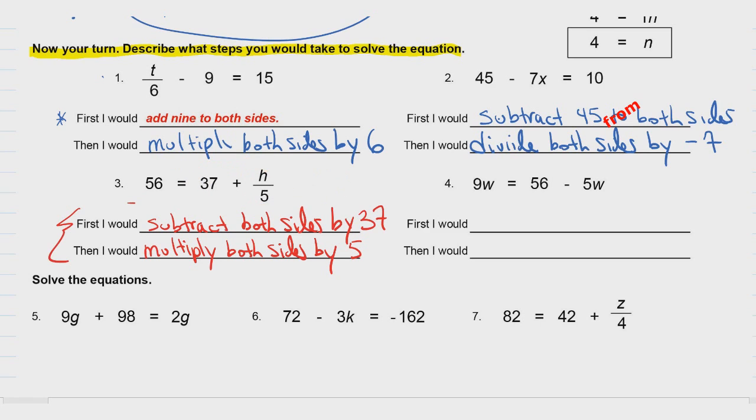Let's take a look at problem number 4. Problem number 4, we have 9w. Well, they're not happy because you have a number next to a variable, and you have 56 minus 5w. Well, no one's happy here either because you have numbers and a variable on the same side of the equal sign. So the question is, who would we move first?